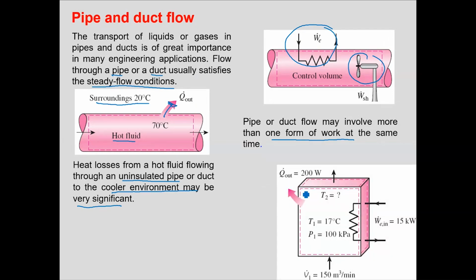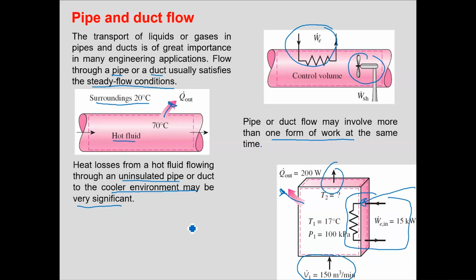If you have a pipe and a duct where there is electrical work being supplied to the system, so there is work into the system, there is heat lost from the fluid which is flowing through the system to the surroundings. There is fluid which is entering into the system and leaving the system at different conditions.